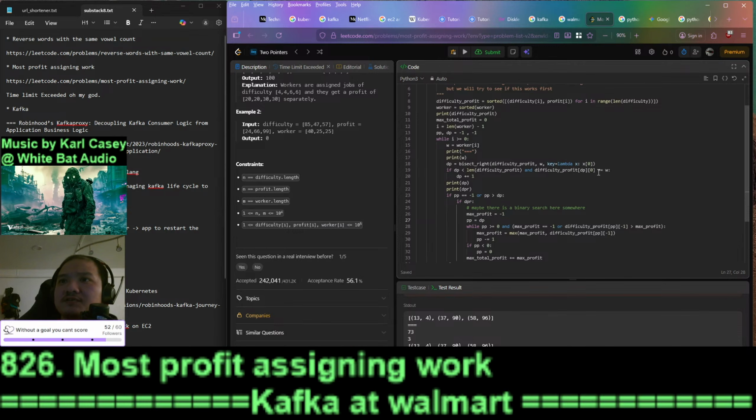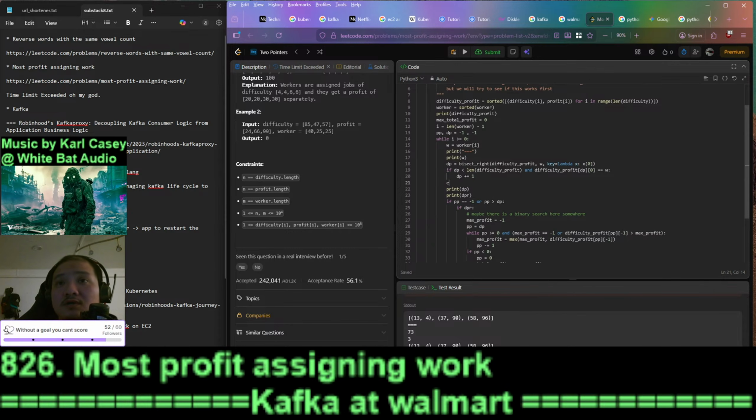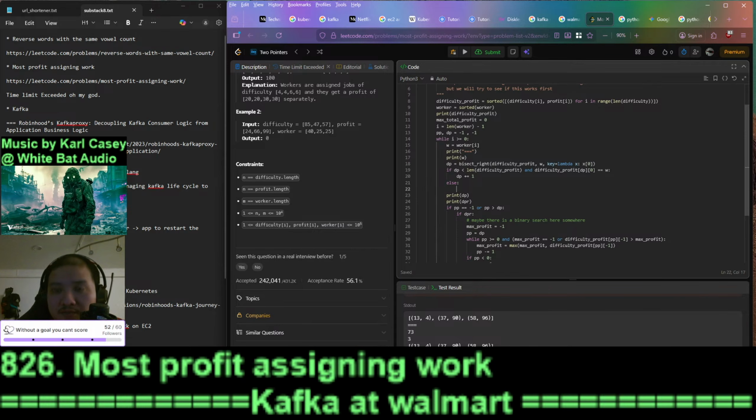If it is equal that, else mean either it's greater than or is not equal than dp minus 1, right?